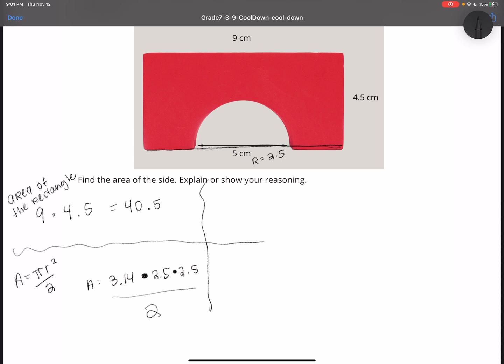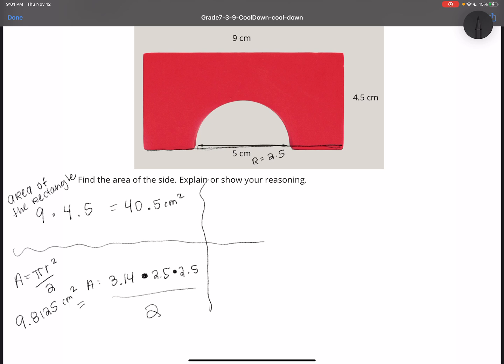Let's do this again, make sure my answer is correct. I should get 9 and 8,125 10,000ths, and the units is centimeters squared, and I forgot to put that at the top.